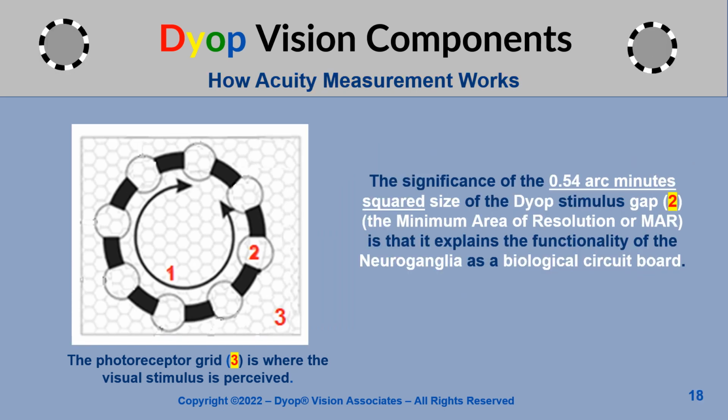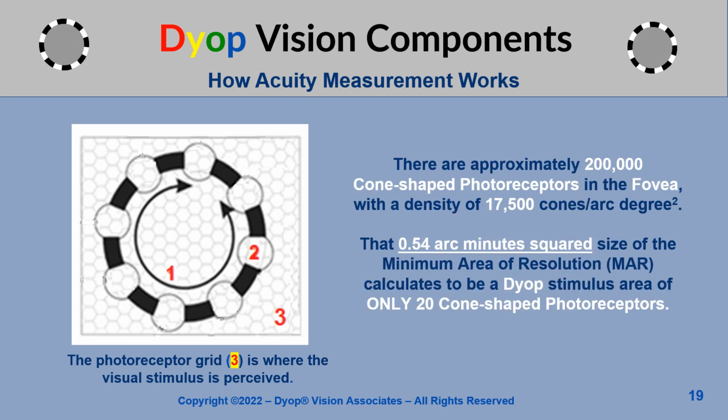The significance of that 0.54 arc-minute square size of the Dyop stimulus gap, otherwise known as the minimum area of resolution, is that it explains the functionality of the neuroganglia as a biological circuit board. There are approximately 200,000 cone-shaped photoreceptors in the fovea, with a density of 17,500 cones per arc degree.